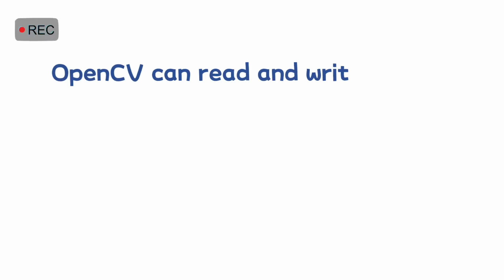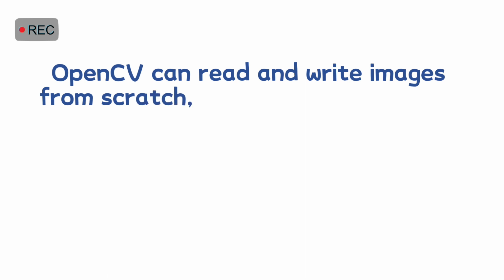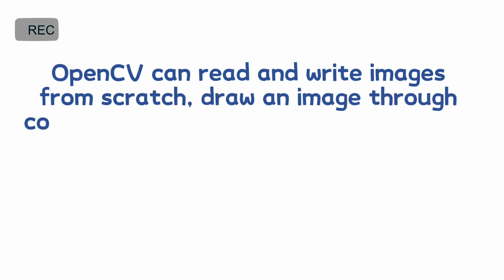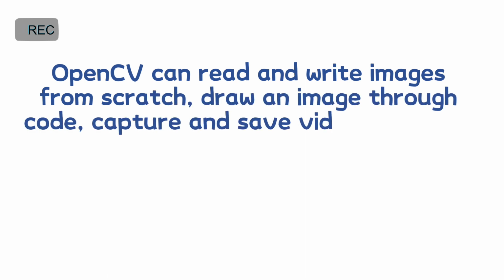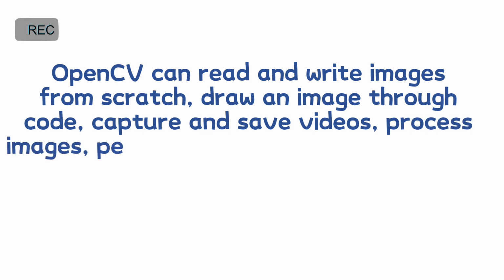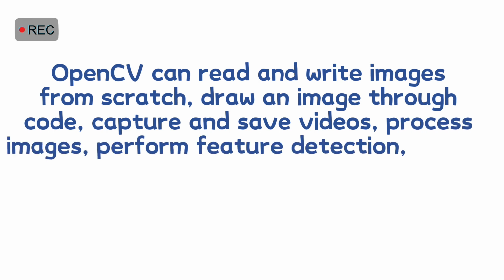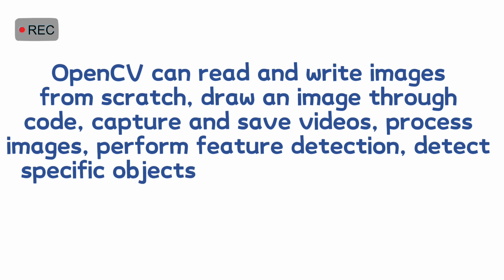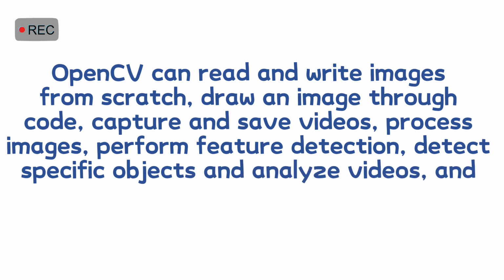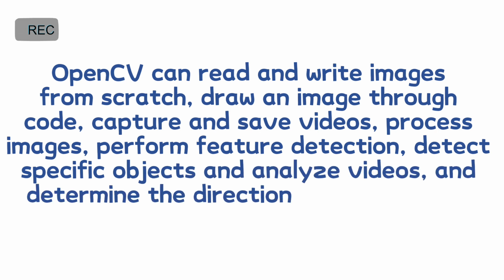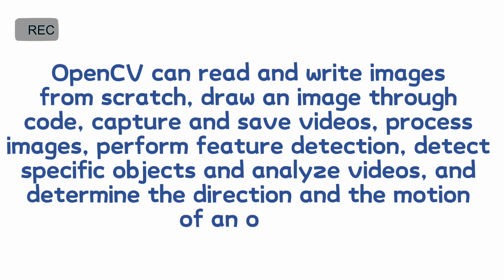OpenCV can read and write images from scratch, draw an image through code, capture and save videos, process images, perform feature detection, detect specific objects and analyze videos, and determine the direction and the motion of an object.